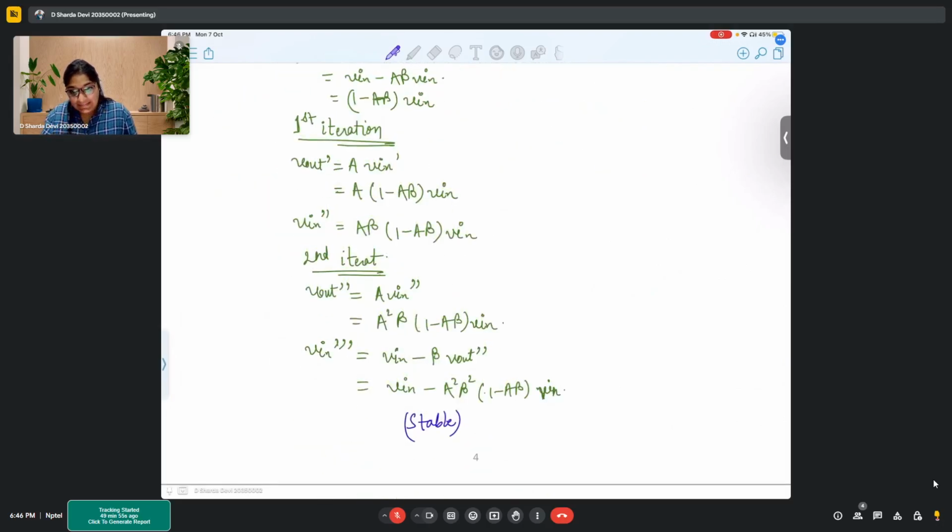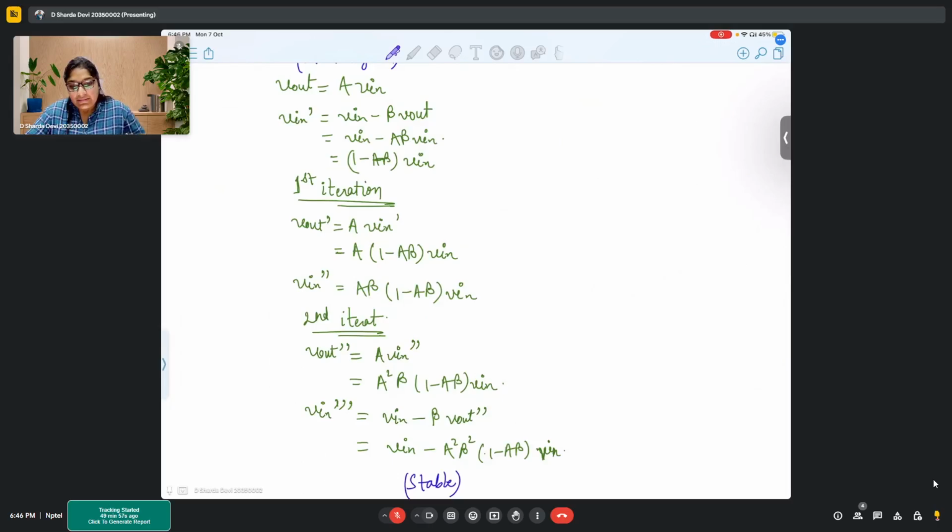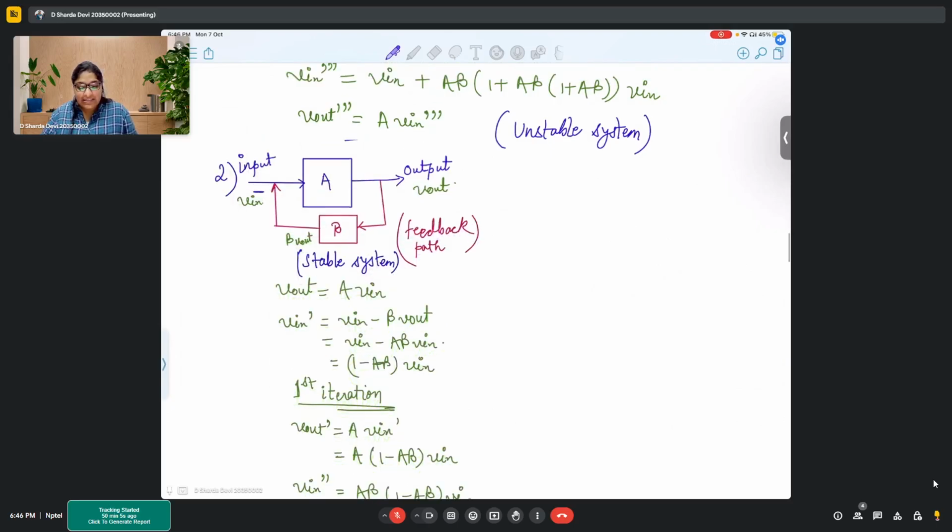And here, since the system is always bounded, the output is always bounded. So the question arises, where do we need negative feedback, right? Why do we need to reduce the output? So earlier we were getting V_out as A into V_in, right?